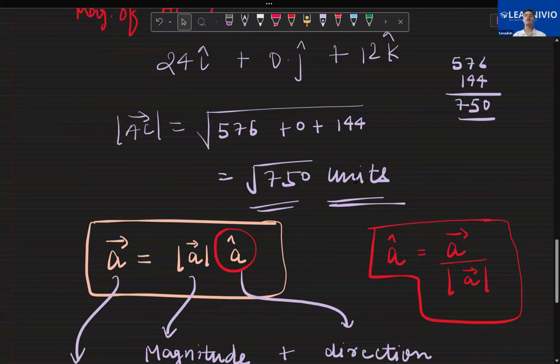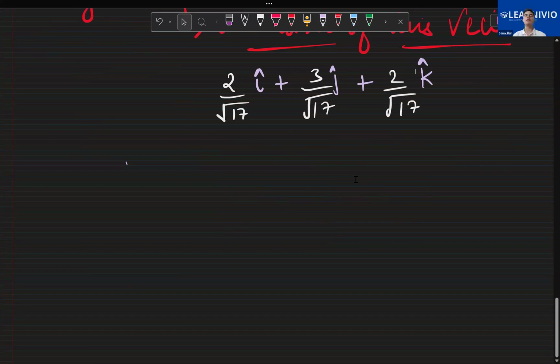Now can you construct a vector quantity if you know what is the direction and what is the magnitude of that vector? Okay, just tell me this answer.